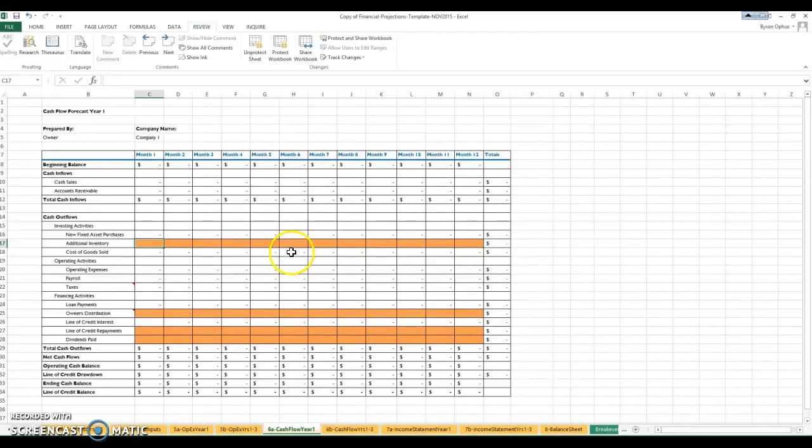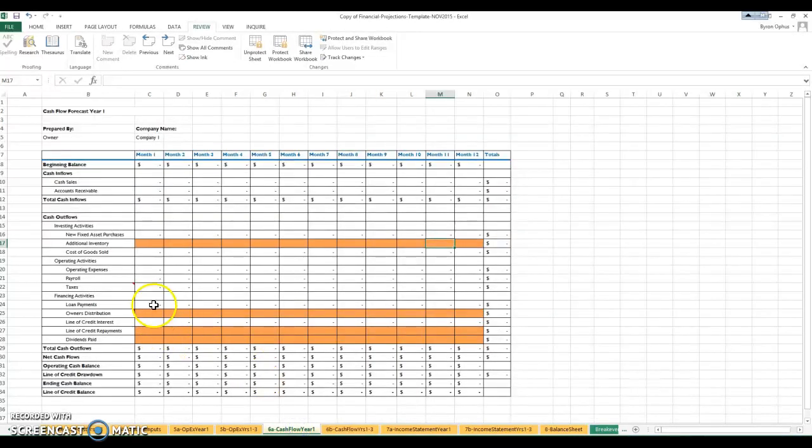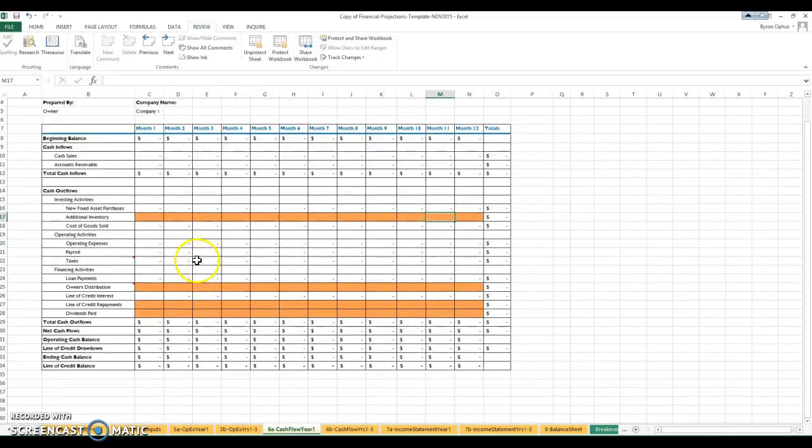No, not necessarily. You could put in $500 here and $1,000 here, and years 2 through 3 you could do the same. Okay. But again, for the vast majority of you, that's probably not something that you'll even make an entry. If you got a service business, you don't really have any inventory, you certainly would not make any entries there.